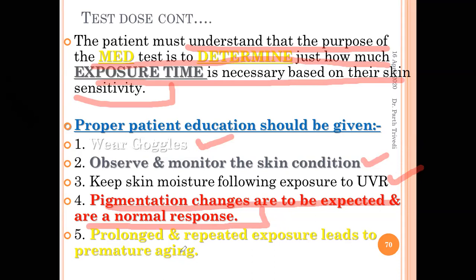So this means we are not supposed to do the testing again and again. If we give more UVR exposure, it may lead to more erythemal reactions and premature aging. So please make sure that the test dosage is conducted in a very swift and appropriate manner.